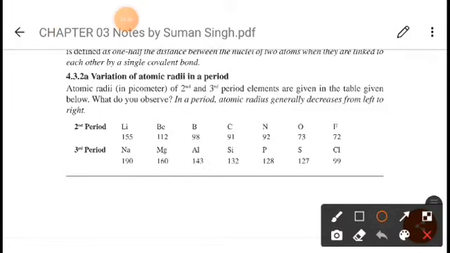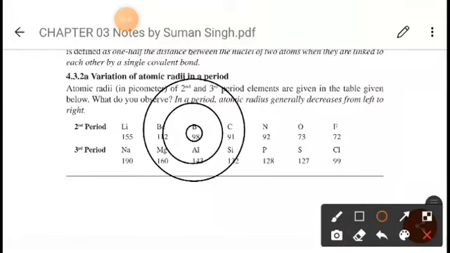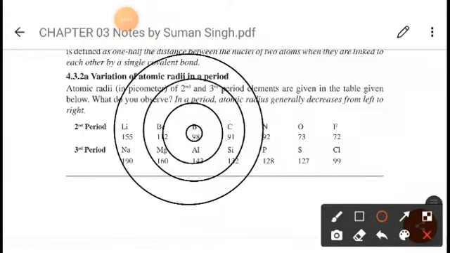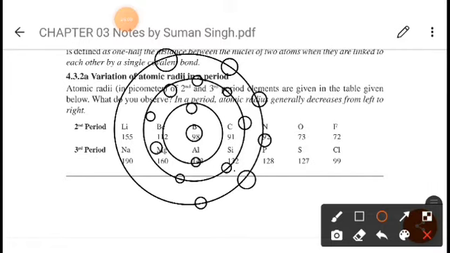Suppose we have this nucleus, the first shell has 2 electrons, the second shell 8 electrons, and after that again 8. The first shell has 1, 2 electrons. After that, one, two, three, four, five, six, seven, eight. And here also one, two, three, four, five, six, seven, eight. This is like this.